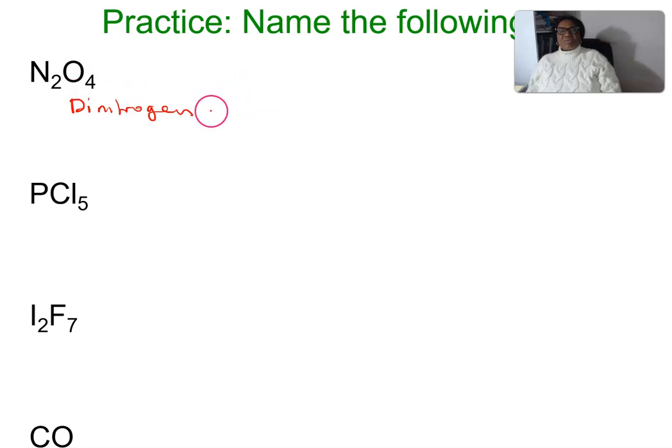Oxygen, we have 4 of them, so it's tetra. But the name of the last element must end with IDE, so oxide. But you see, we have 2 vowels here, so we are going to modify the name to be dinitrogen tetraoxide, because we have to drop 1 vowel.